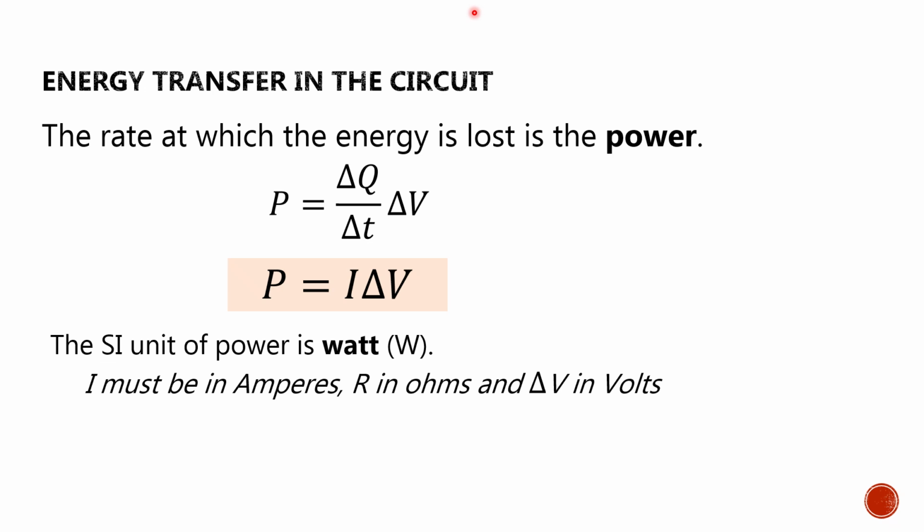The SI unit of power is watts, with a capital letter W as its symbol. It is automatically in watts if the electric current is in amperes, resistance is in ohms, and potential difference is in volts.